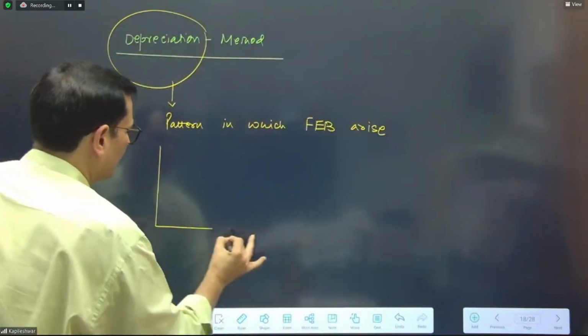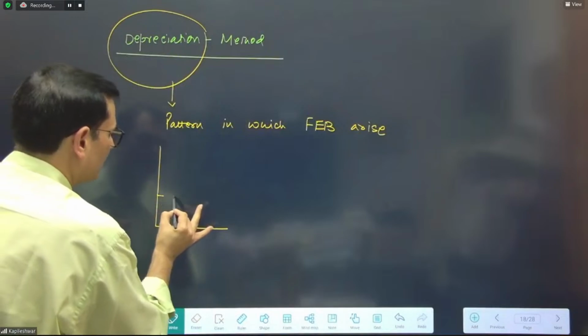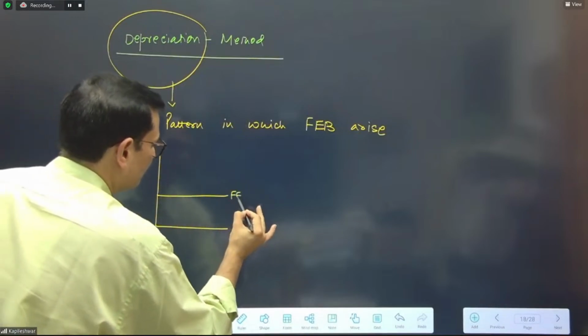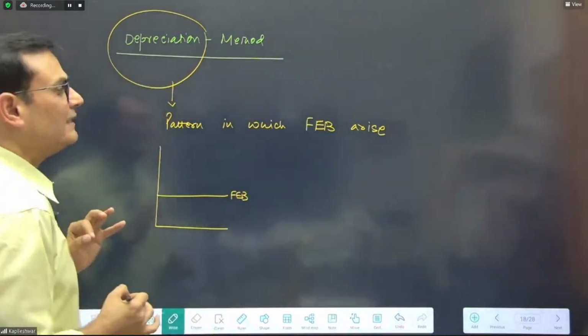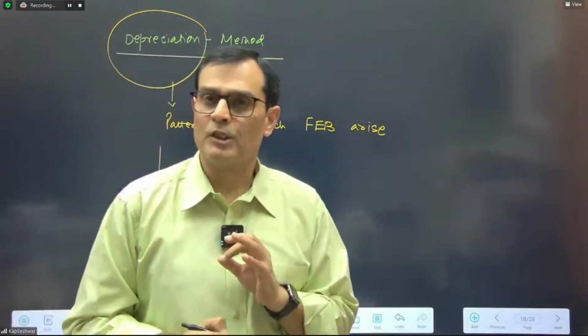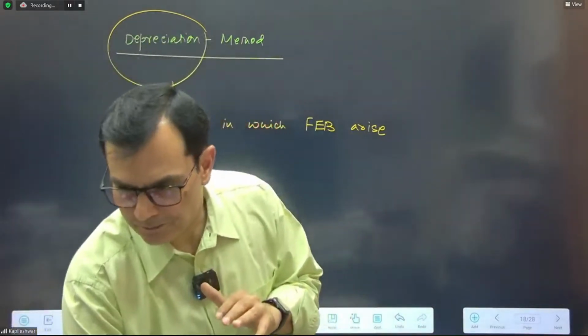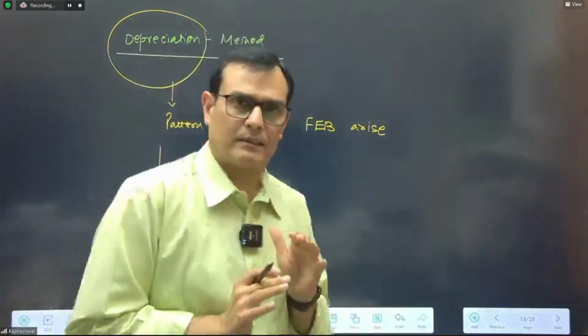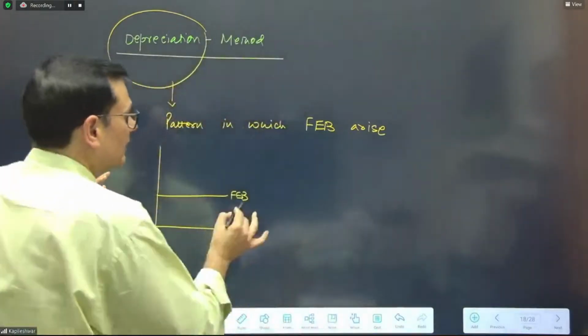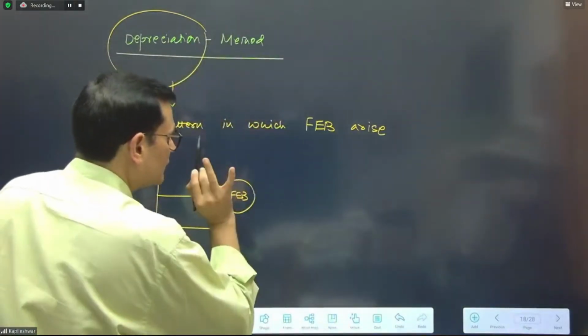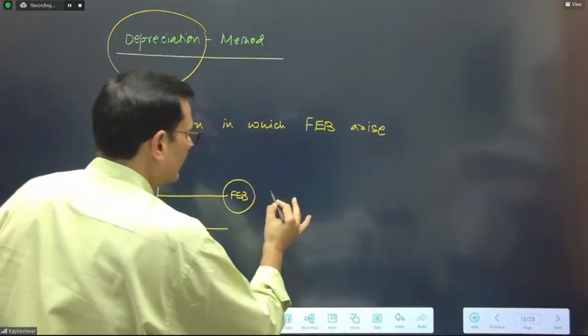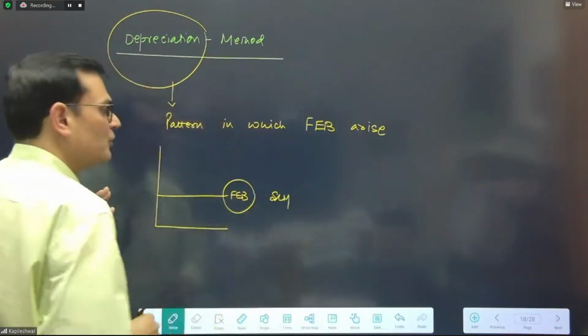Let's say this is a graph. So we say that the future economic benefits are expected to be in a straight line. So when you estimate that the future economic benefits will flow on a straight line, we prefer the depreciation on straight line method.